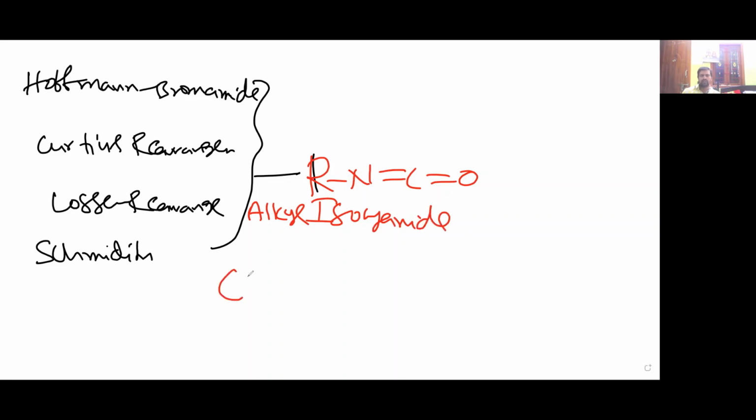If in place of this alkyl group you write a methyl group, it is methyl isocyanate.